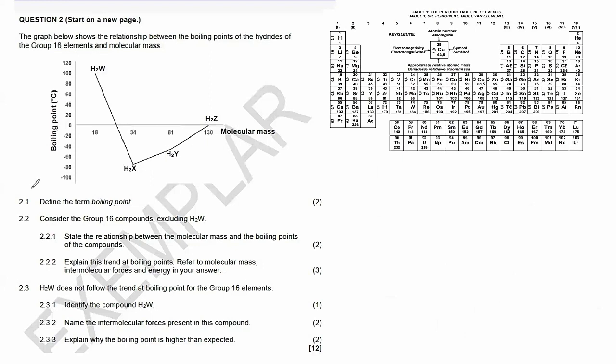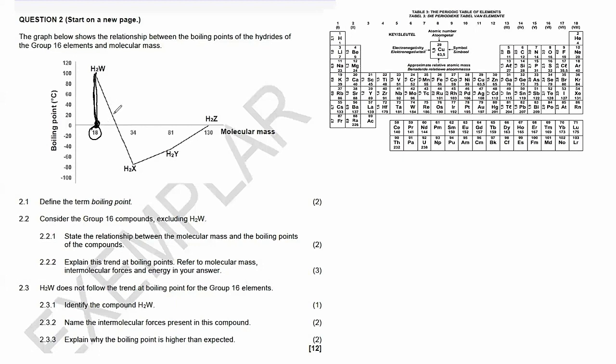Now 2.3.1 is saying identify the compound H2W. How are we going to identify that? We can just directly link this to the molecular mass here, and we can see that the molecular mass of the H2W compound is 18.